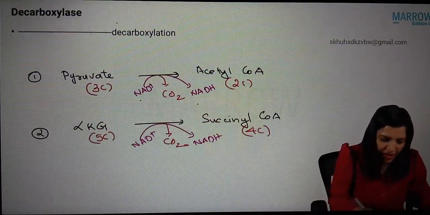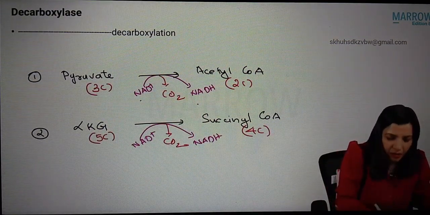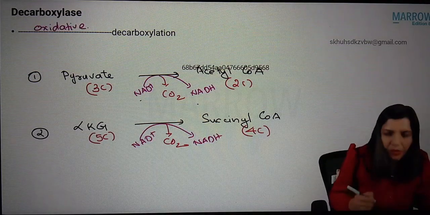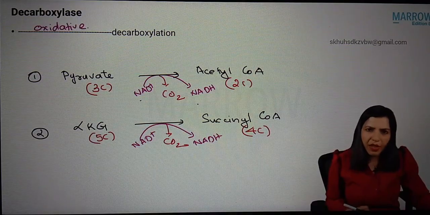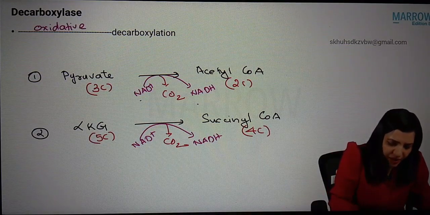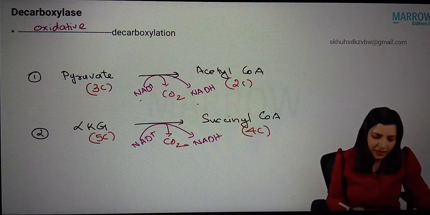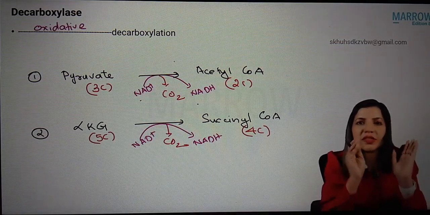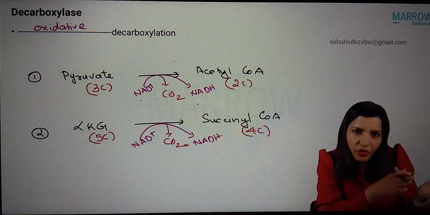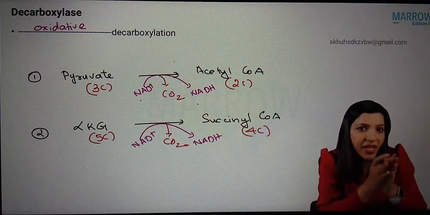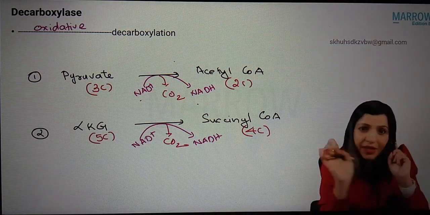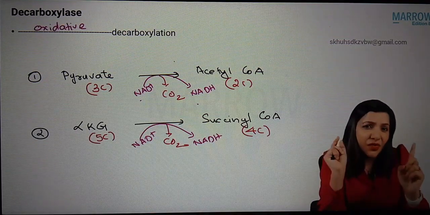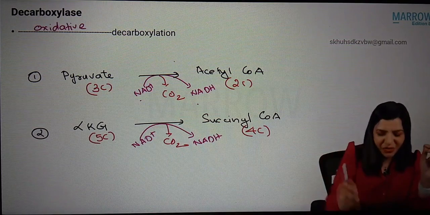So these are oxidative decarboxylation. Okay, now to which class? First, let me name it. Is it decarboxylase, just like what we have learned now, or is it dehydrogenase? Whenever NAD to NADH is there, we should not call it a decarboxylase. We have to call it a dehydrogenase, right?